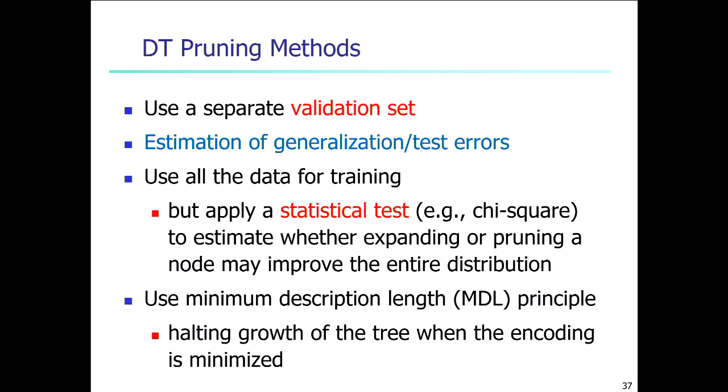Or we can use all the data for training, but we apply a statistical test to estimate whether expanding or pruning a node would improve the entire distribution or not. Or we can use the minimum description length principle to halt growth of the tree when the encoding is minimized.